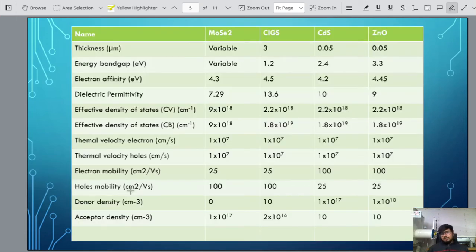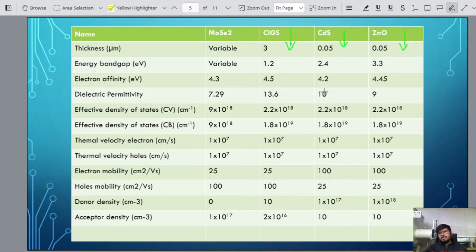Before the beginning of the simulation, the parameters for the CIGS solar cell have been taken from references, such as the absorber CIGS, the buffer CdS, and the window ZnO layer.